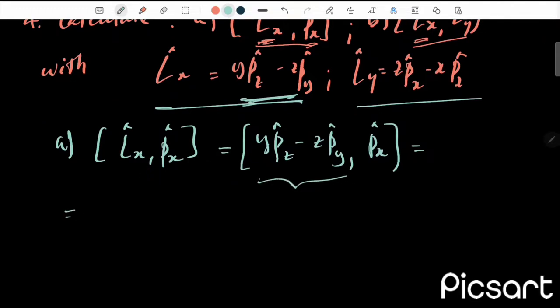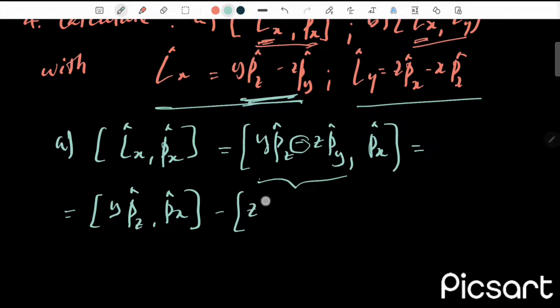This we can take as a sum of two commutators: y pz and px, minus z py and px.